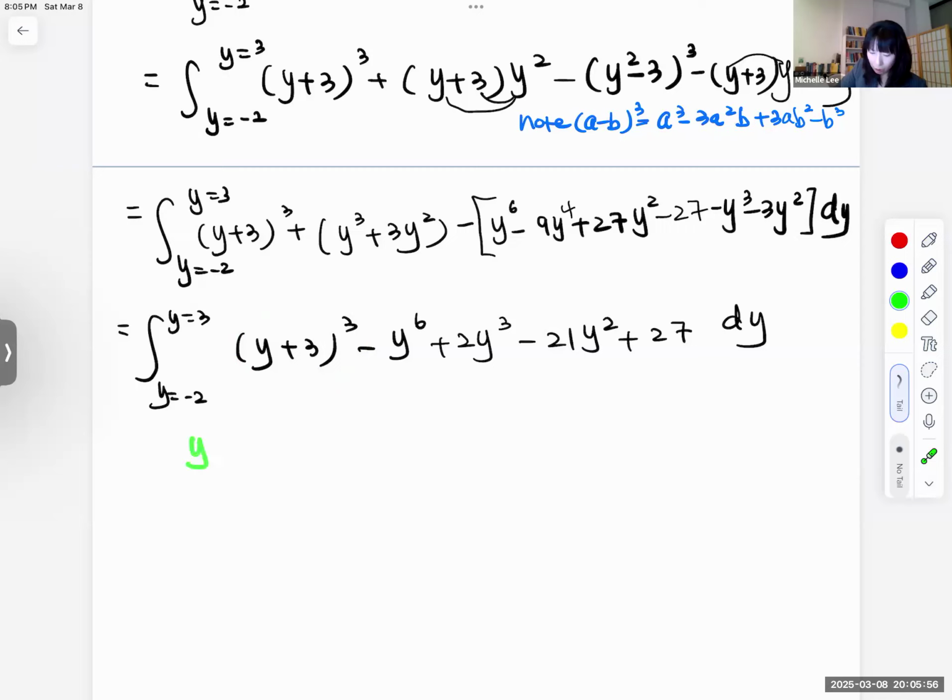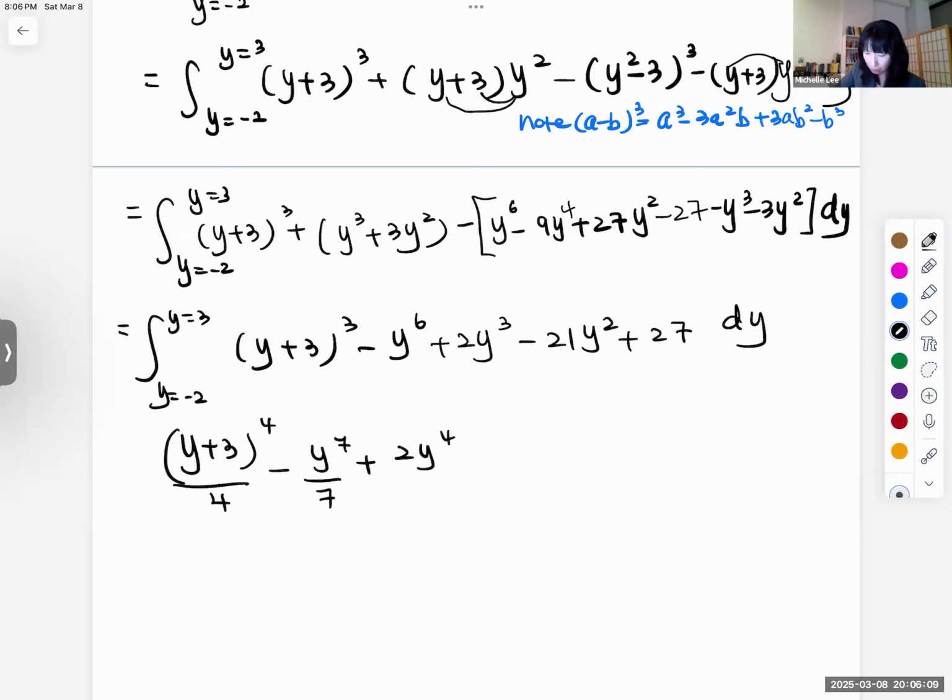We have y plus 3 to the fourth power over 4, minus y to the 7th power over 7, plus 2y to the fourth power over 4, minus 21y to the third power over 3, plus 27y. And then we evaluate from y equal to negative 2 to y equal to 3, right?